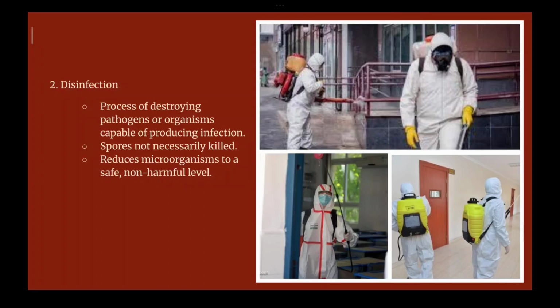So here in disinfection, it is not necessary that the disinfection must involve the spores as well. It does not require the spore removal. But here the vegetative forms of pathogens or the organisms can be removed. So this disinfection is going to be at a safe and non-harmful level. It is not going to cause any harm to the good microorganisms, but it is going to reduce the number of microorganisms.